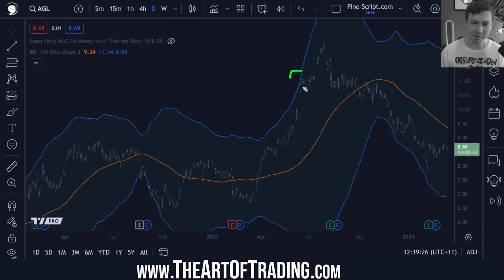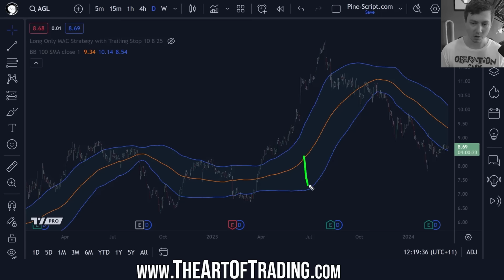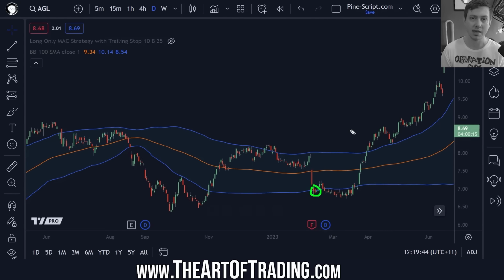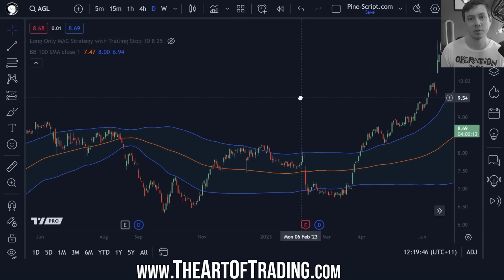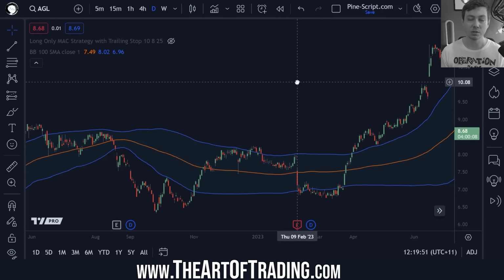If price closes above this upper band, we buy. For our stop loss or trailing stop, we use 1 standard deviation from the middle moving average, the base anchor point for the Bollinger Band. If price closes below this band, we exit any open positions. It's a trend following system, essentially, and it's very simple. Those are the only rules, literally.